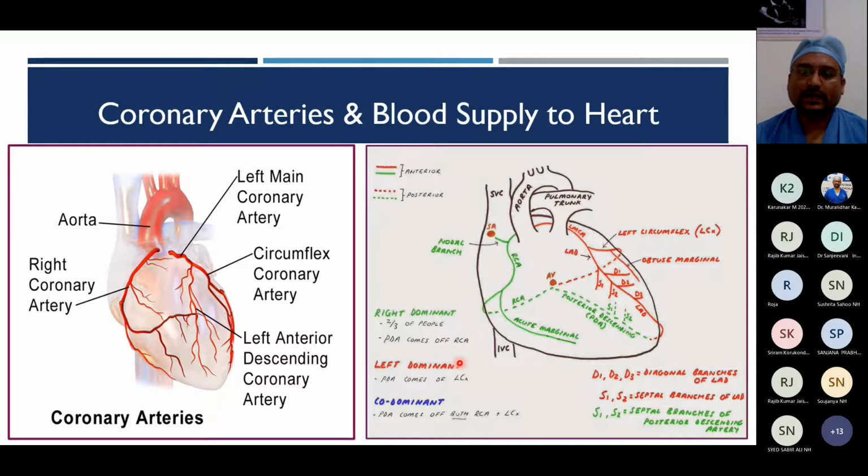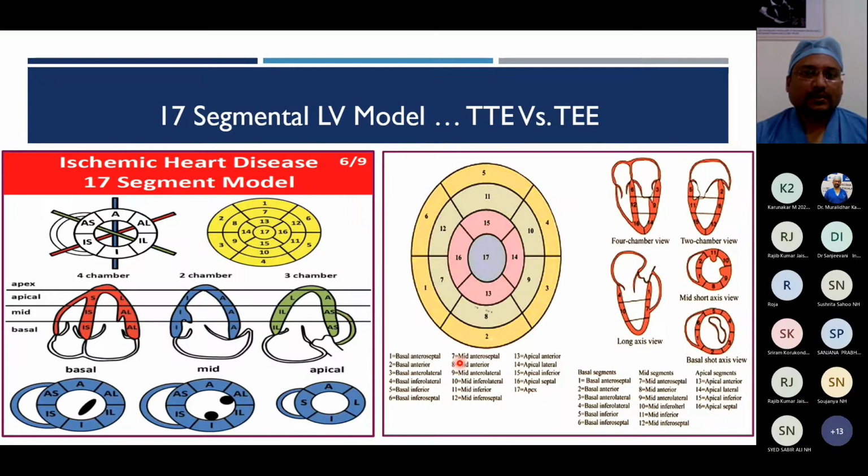So have a look at the angio of the patient before you proceed to the surgery and do a TEE. The commonly used model for TEE and TTE assessment of regional wall function is the 17 segment LV model. There is a little difference between transthoracic imaging and transesophageal imaging.